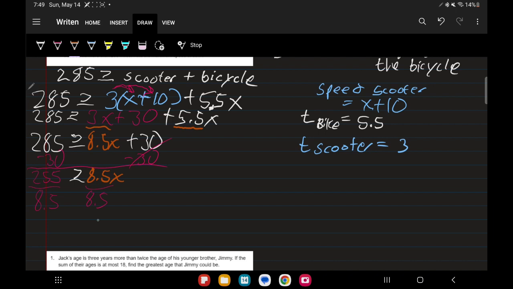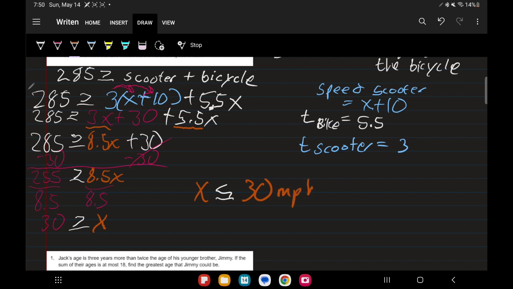And in this case, 255 divided by 8.5 is 30. So in this case, x is less than or equal to 30, and 30 what?